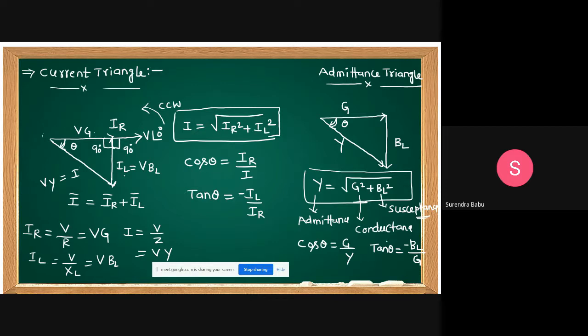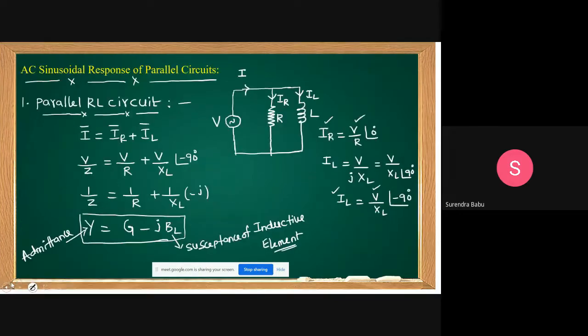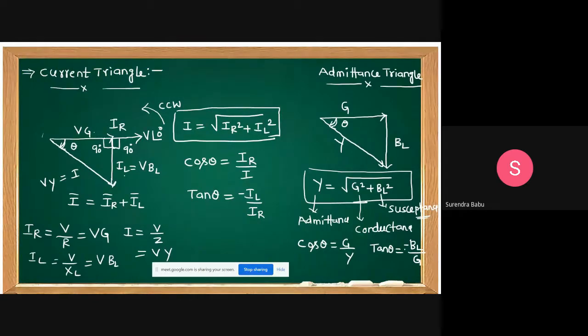But otherwise, you see this one, students. What is the Y, sir? Y equal to G minus jBL. What is tan theta? Can anybody? What is tan theta here? Minus BL by G. But here, if I take like this, directly magnitude BL by G I am getting. But this angle is measured in this direction.